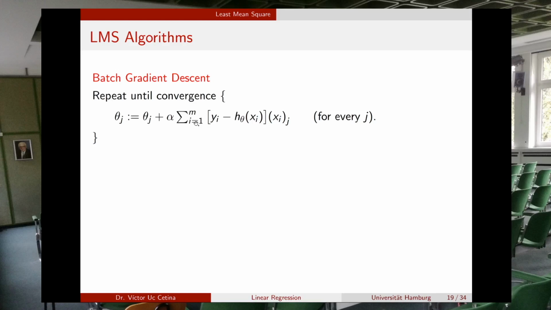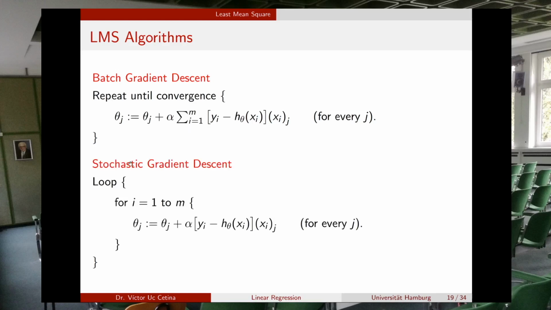There is a more practical way to implement this. This is called the stochastic gradient descent, and this is the version that you are going to implement in exercise 1. So it looks very similar, but there's an important difference, and the important difference is that we don't have this sum here in the rule. So if you notice here, we don't have the sum, and this sum changes to a for loop.